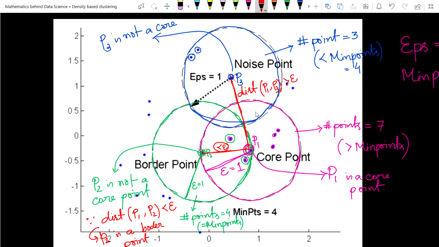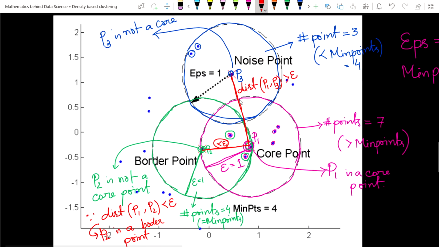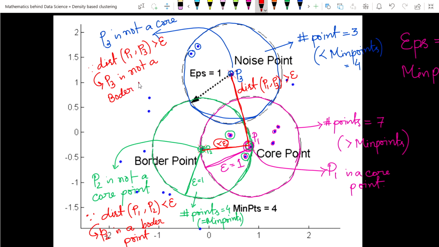Because of this, P3 is not a border point. Since the distance between P1 and P3 is greater than epsilon, we can conclude that P3 is not a border point.